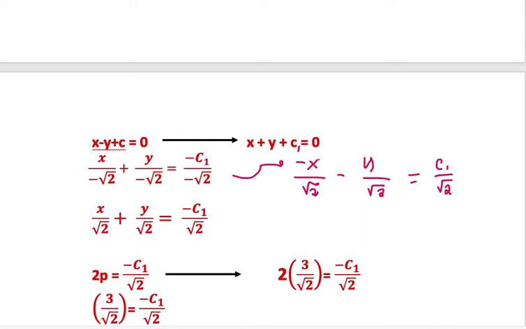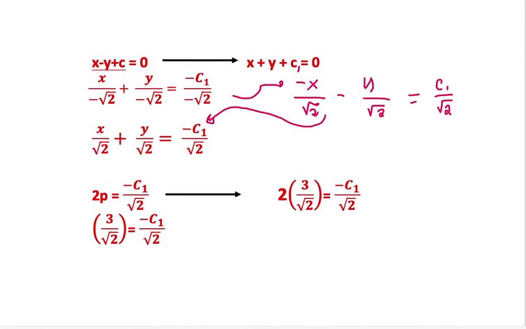Okay. Then, again, x here, we need to make its sign positive. So, it will become positive x over square root of 2. Then, change the sign of the other term. So, that is why it became x over square root of 2 plus y over square root of 2 equals negative c sub 1 over square root of 2.